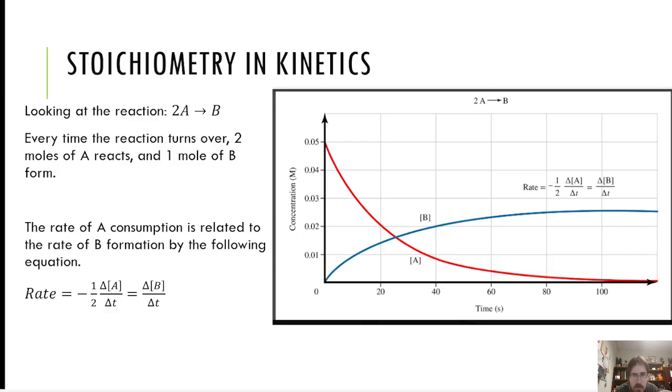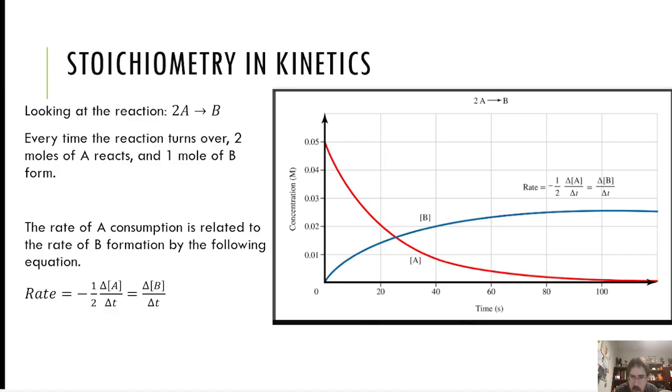So looking at this graph, we can see the graph of A, in this case, starts initially at time 0 at 0.05 molar. Over time, it's decreasing, and it's decreasing at a rate that is not quite the same rate that B is increasing.